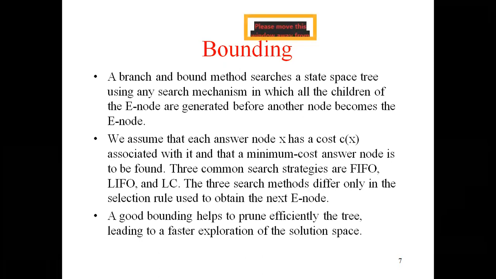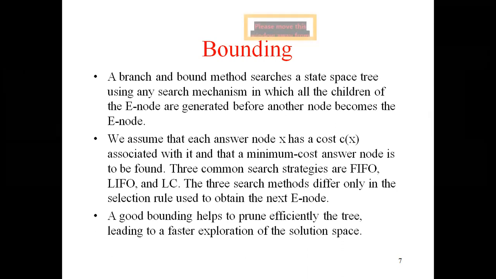The three search methods differ only in the selection rule used to find the next node to explore and create children. Based on that selection rule, these three methods differ.